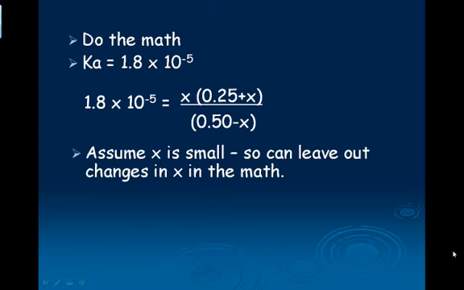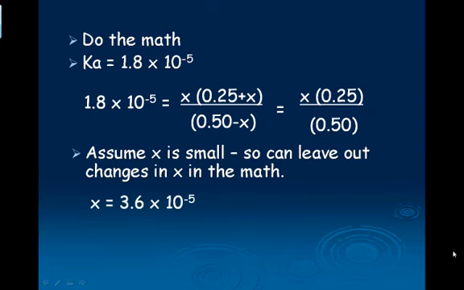And then we can assume x is tiny because of the Ka, as we have done in previous ice tables. So you can leave out both changes in x, the plus x on the top and the minus x on the bottom, and then simply do some easy algebra and solve for your x. Now again, if you don't want to do that and you want to graph it, or use your solver, or use the quadratic, feel free.